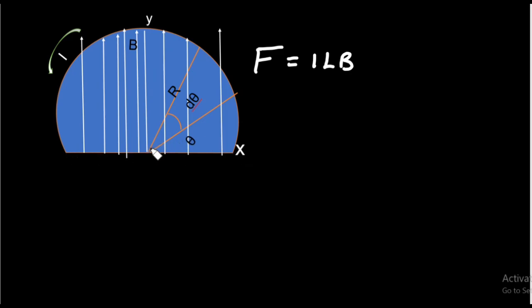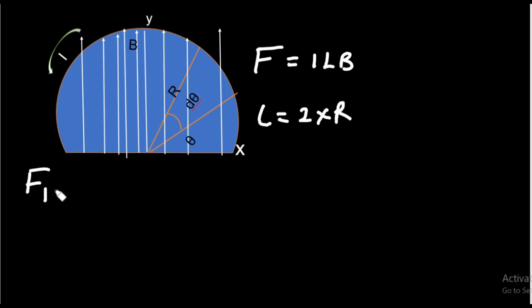Of course, from here to here is R, so L will be 2 times R, because this is a semicircle. From here to here is the radius.